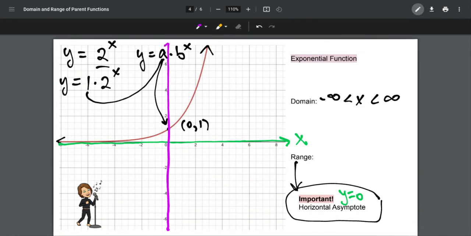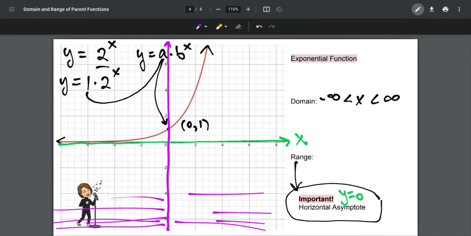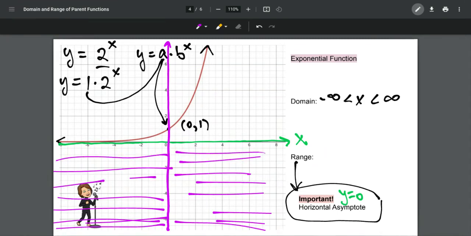Nothing happens, okay? So nothing happens here, up until I get to which point? You tell me. Getting closer. Well, I got to the green line. Okay, the green line is my horizontal asymptote, people. Right here. This is my horizontal asymptote.